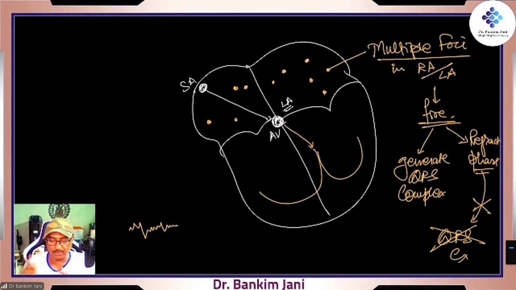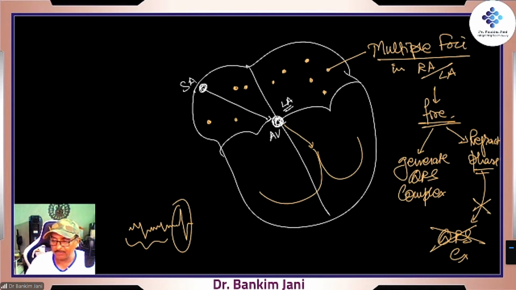All those things are seen as an irregular wave. And then there is QRS complex. It is that successful pulse which was able to reach the AV node, pass on to the ventricle, and create this QRS complex, right? Otherwise, all these fired, but nothing happened. So this is how it occurs.